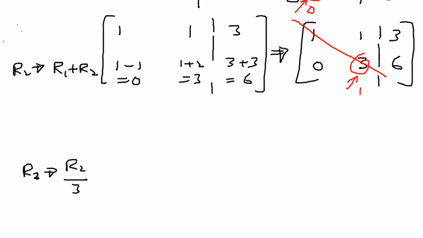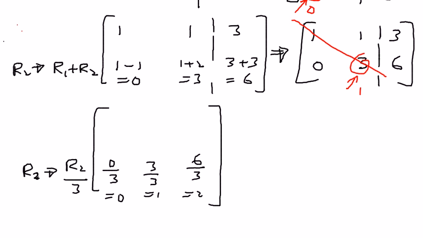If I take row 2 and divide it by 3, I should be able to get 1 in that location. So 0 divided by 3 is 0, 3 divided by 3 is equal to 1, and 6 divided by 3 is equal to 2. That is the second row. The first row will come down as is, 1, 1 and 3. Written cleanly, I have 1, 1, 3 and then 0, 1 and 2.